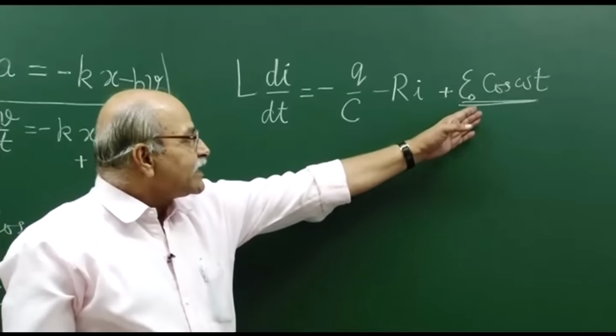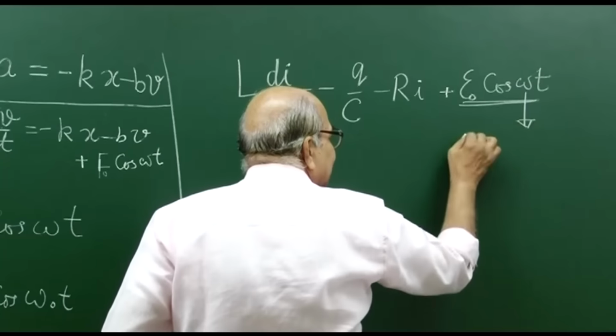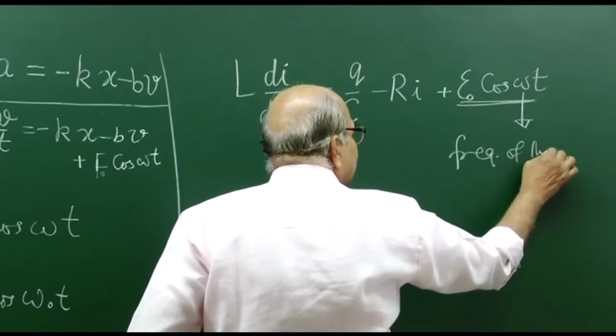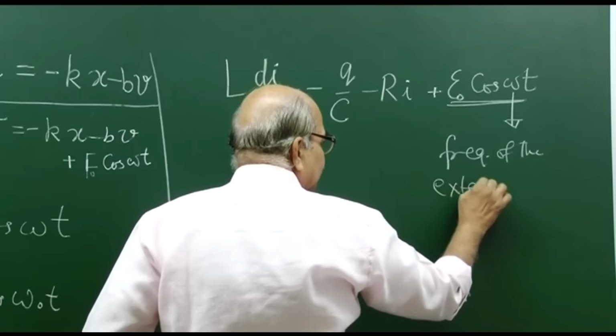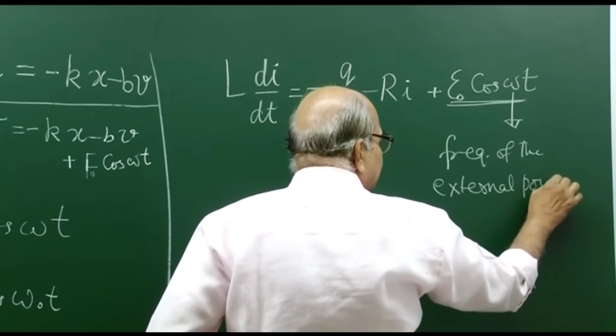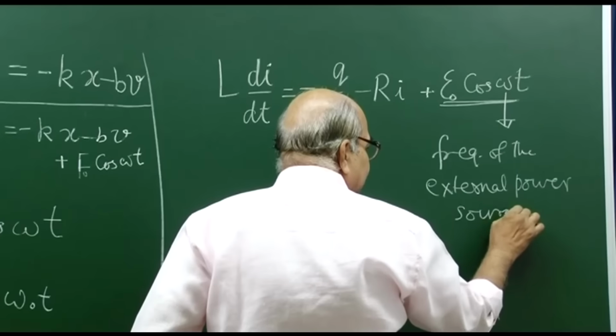So, this is that external thing. So, this omega is now the frequency of the external power that we are feeding, the external power source, whatever we are adding to the circuit.